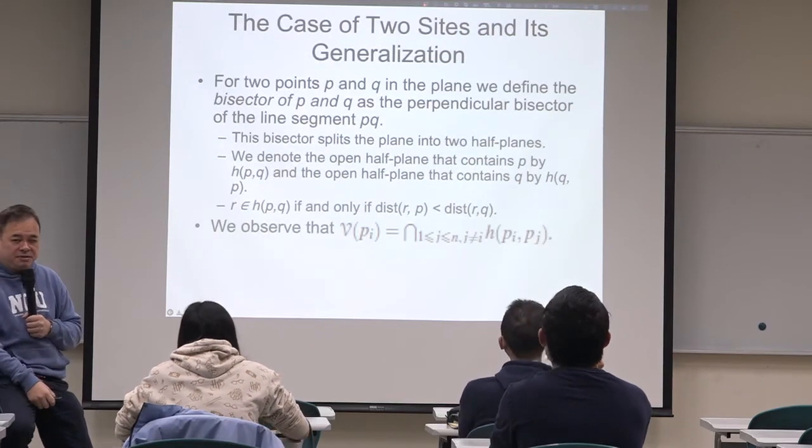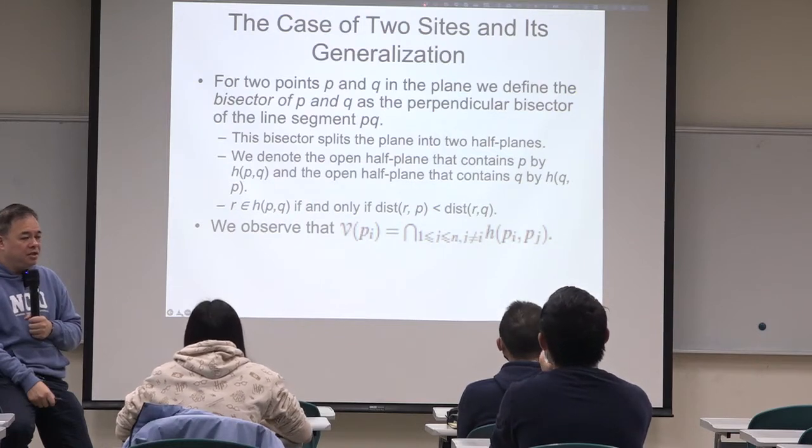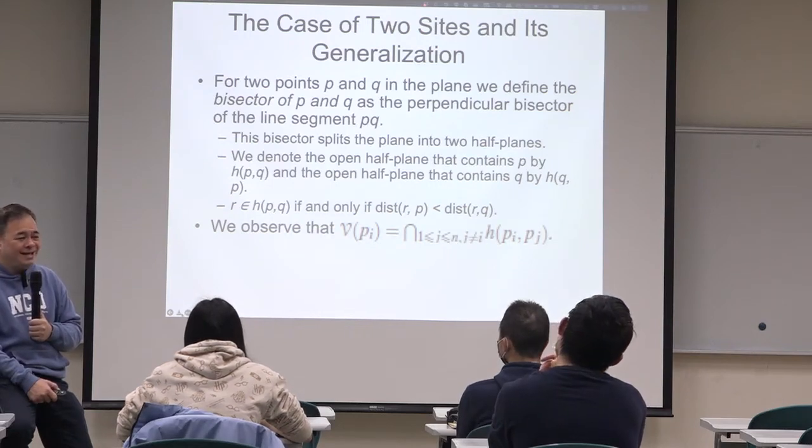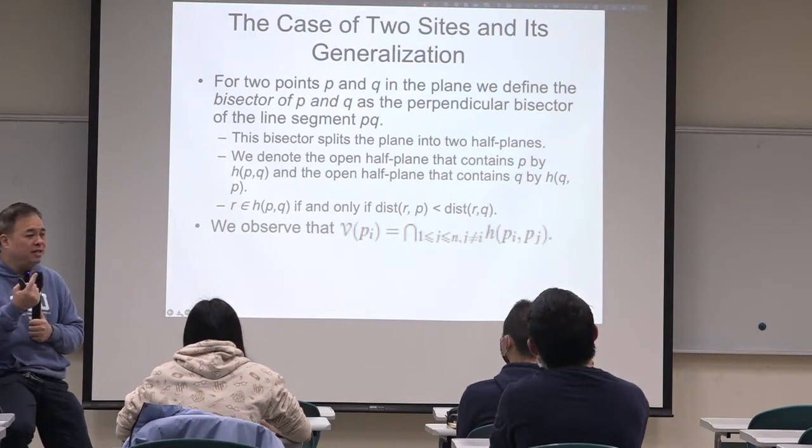Okay, so how do we compute this? Let's start from the simplest consideration. Say we only have one site. If you have only one site, you don't need to do any division, right?